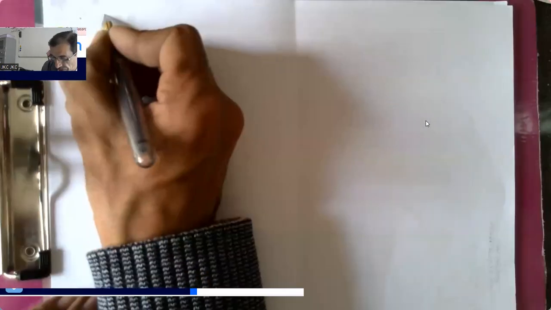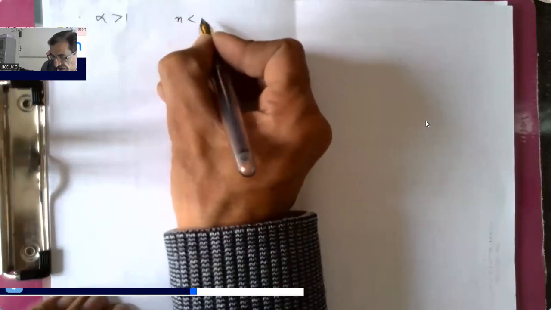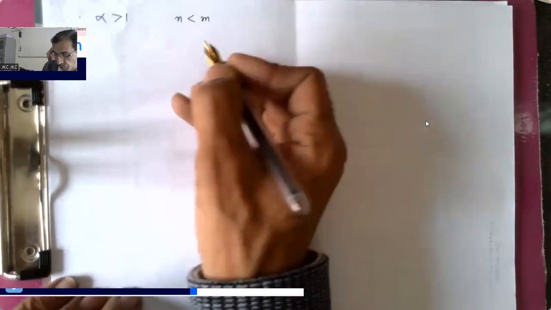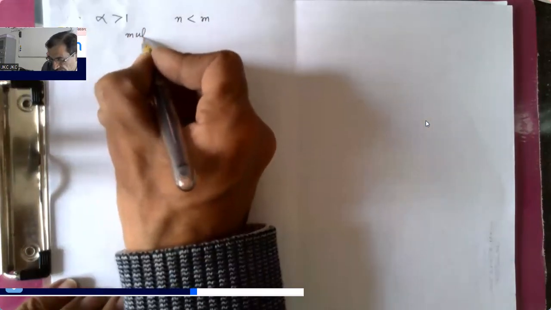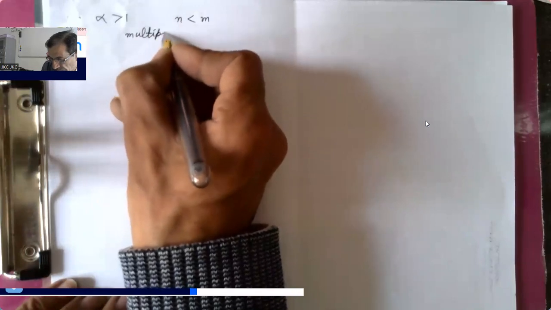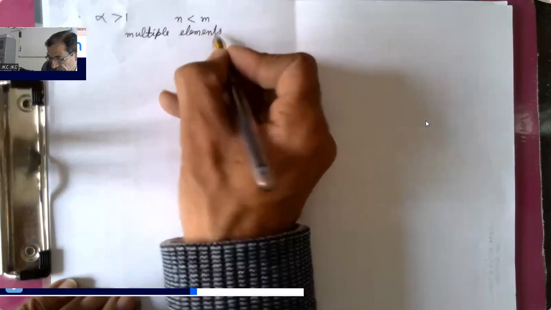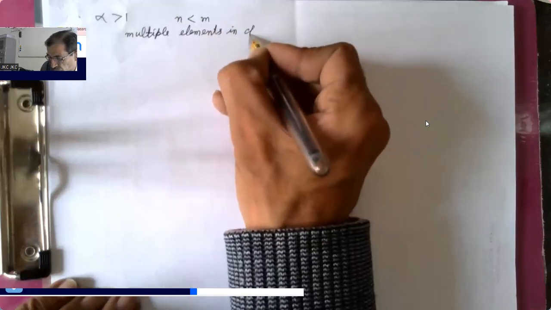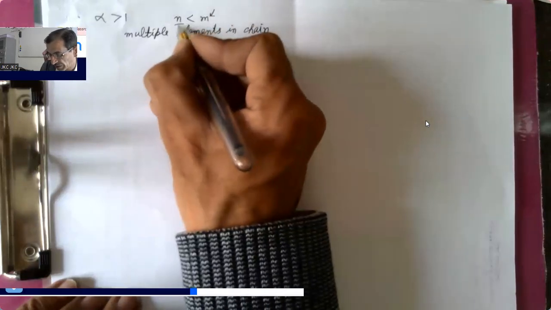On the other hand, if I have alpha greater than 1, that will be the case when n is more than m. That obviously means I am going to have multiple nodes or multiple values, elements in the chain. It is obvious because my slots are fewer and values are more.